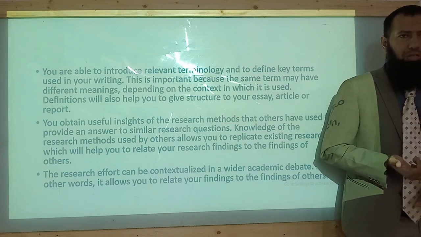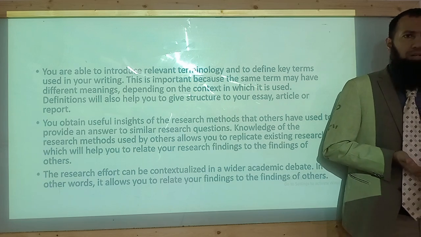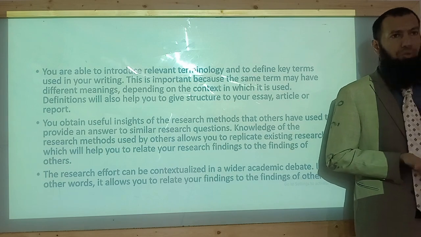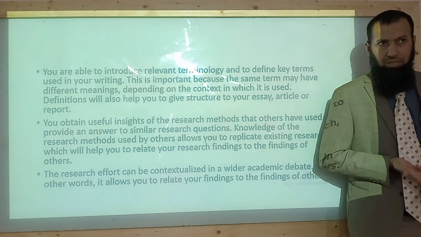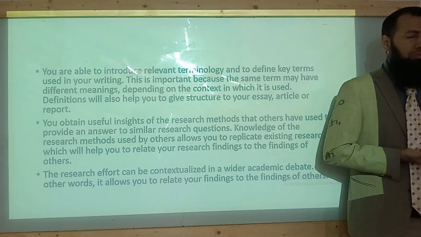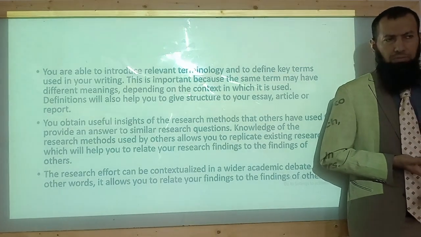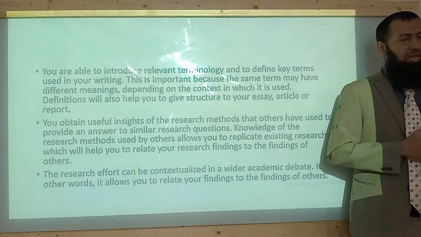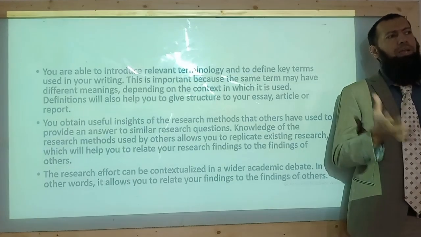What is the methodology of the research? Who are the respondents? What software application is used for the analysis? What is the method of solving the problem? Is it the quantitative one, qualitative one? Which one? So you learn so many things from any abstract.